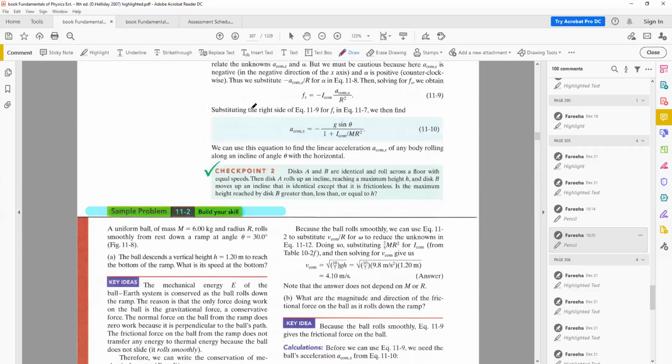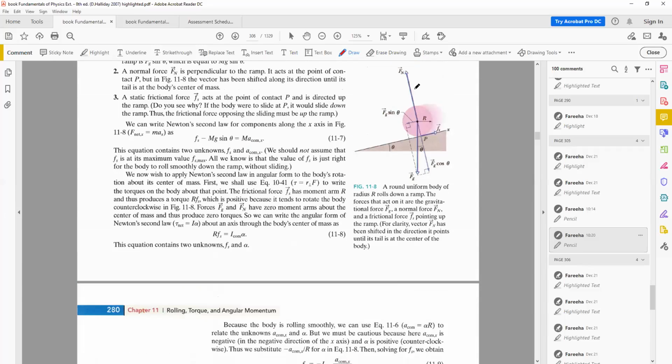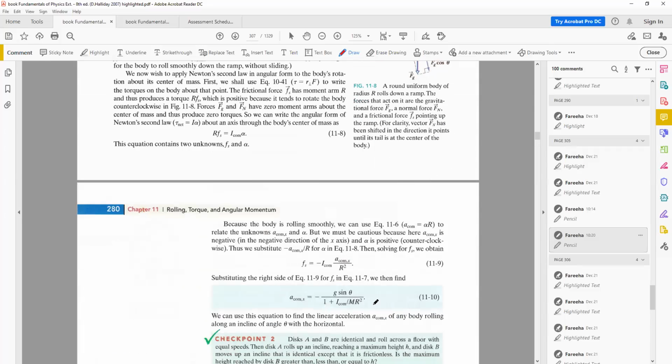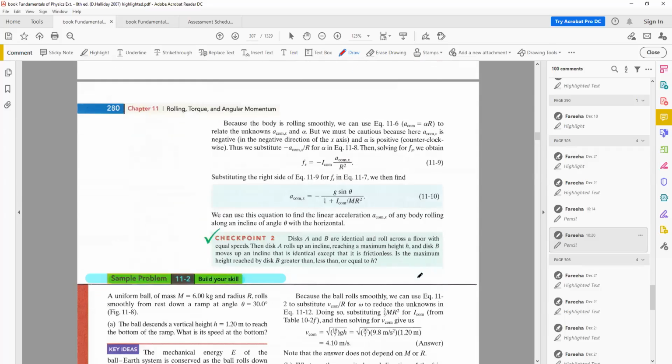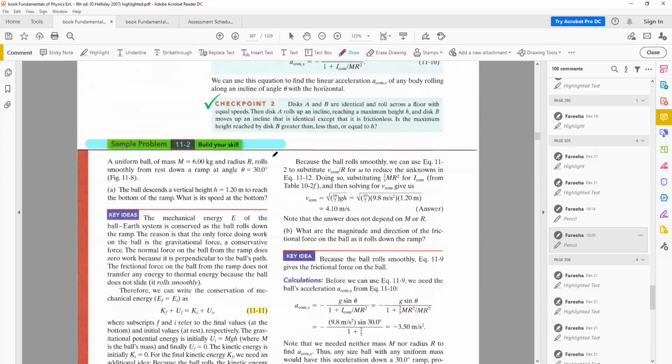We studied motion on a ramp last time, and the formulas we discussed about this motion. So this is what this problem is about. We have to find, if the ball descends a vertical height h equal to 1.2 meters to reach the bottom of the ramp, what is the speed at the bottom? I would like you to think about this while I take the attendance, and then we discuss this problem.